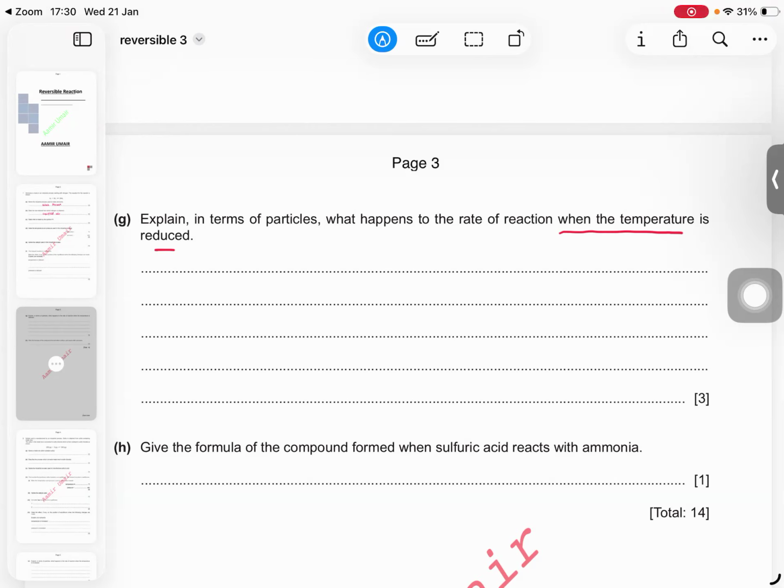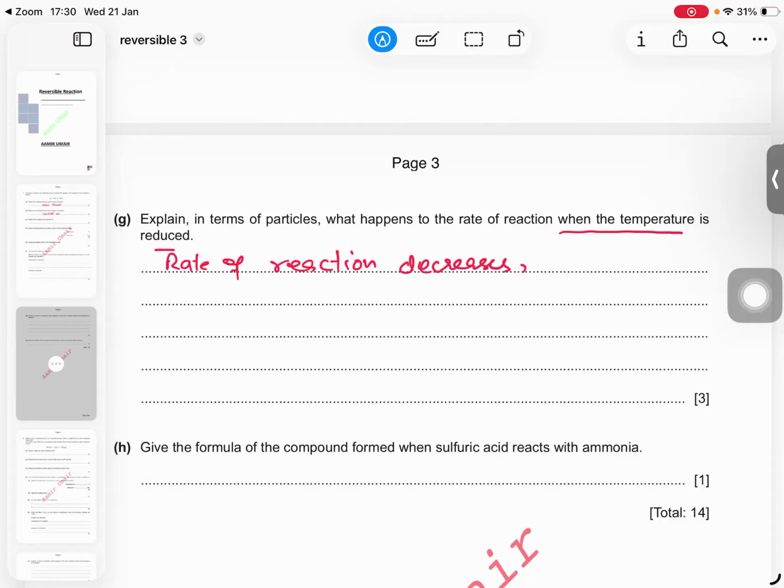Okay. Explain in terms of particles what happens to the rate when the temperature is reduced. Rate of reaction decreases. Why?